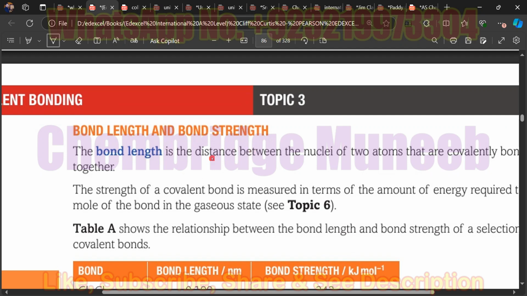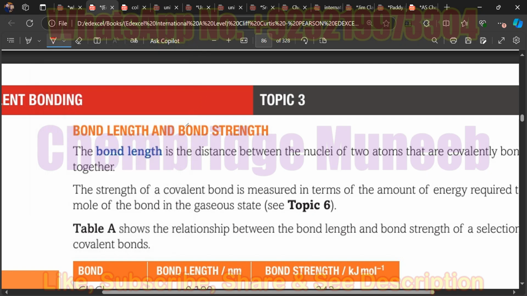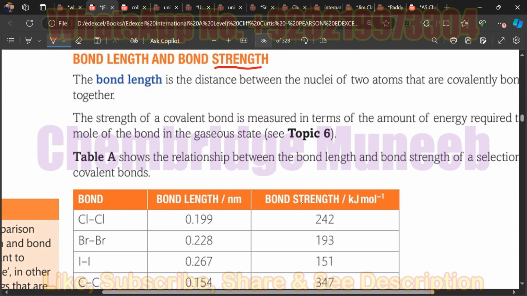So basically the bond strength is the amount of the energy present within the bond of two atoms. Bond strength is the strength of the bond. It is the energy which is present within the two covalently bonded atoms, that is, it should be covalently bonded. You will say covalently bonded.